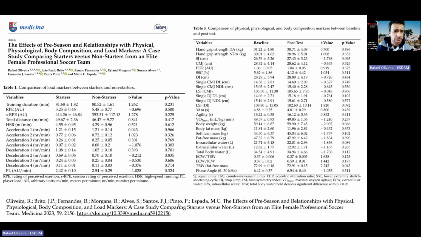And this was another recent article from 2 years ago on female professional soccer players, where we also applied many bioimpedance variables to assess body composition, and many tests related to strength, agility, sprint, and cardiorespiratory fitness.